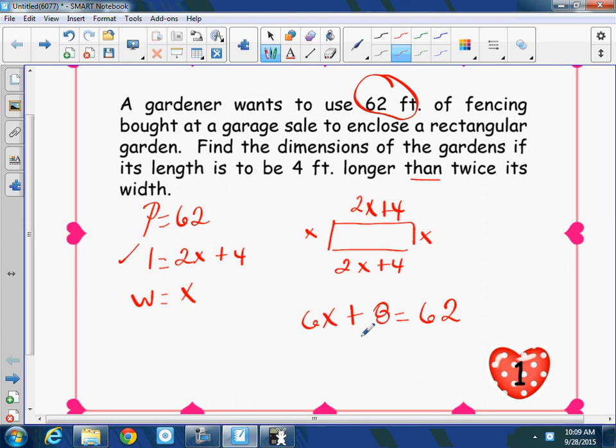After that, you can either go to equation solver, or you can just say the steps to solve this would be minus 8 because it's plus, divided by 6 because it's multiplied by the x, and x equals 9.